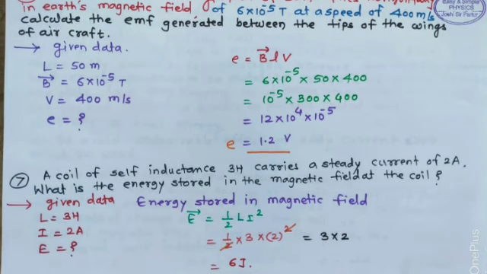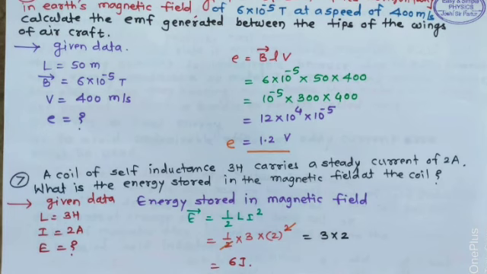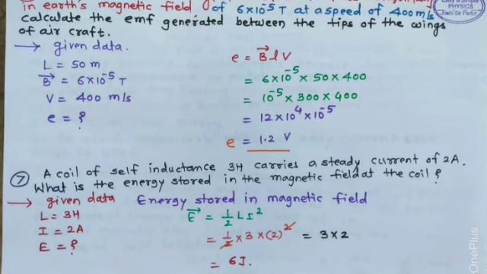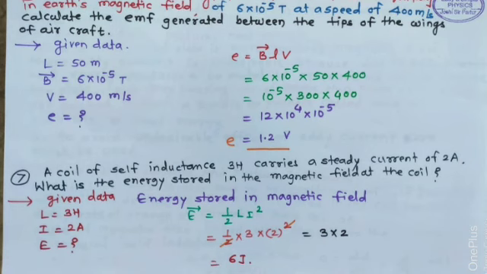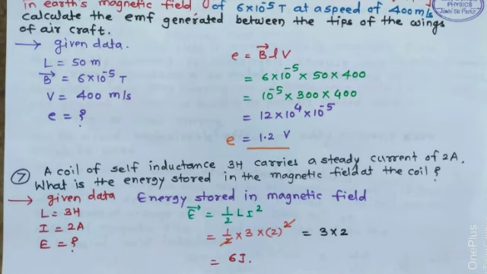Another question, question number 7. A coil of self-inductance 3 Henry carries a steady current of 2 ampere. What is the energy stored in the magnetic field of the coil? So given data: L equal to 3 Henry, I equal to 2 A, and energy equal to question mark.